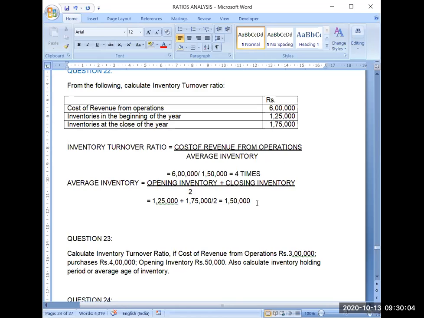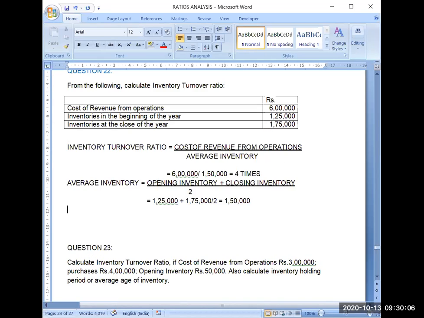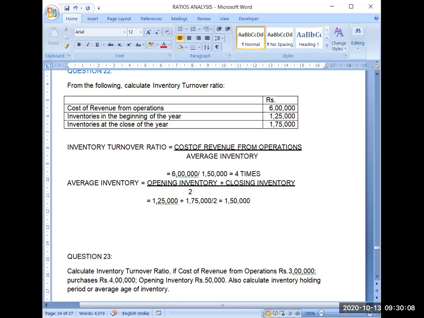Now one more ratio we can calculate along with this ratio. We can calculate inventory holding period, or we can also call it average age of inventory.